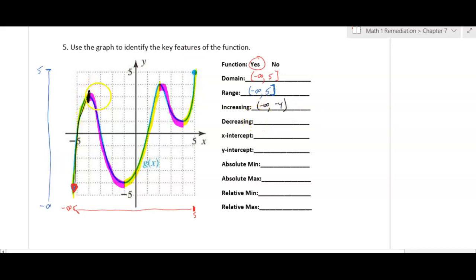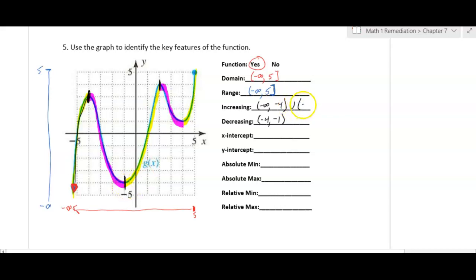Then at negative 4, that's where it starts decreasing again, and goes all the way until negative 1. Then at negative 1, I'm going to go union. It starts increasing again all the way to an x value of 2.